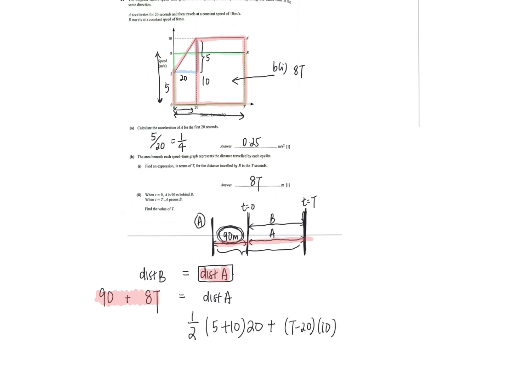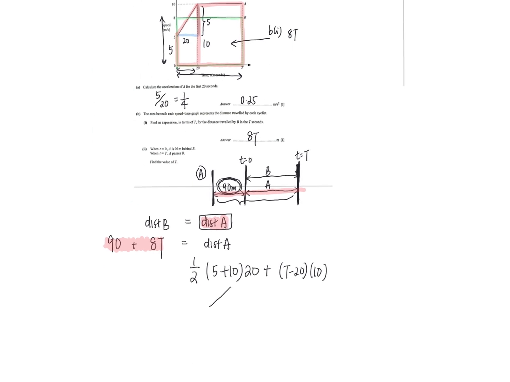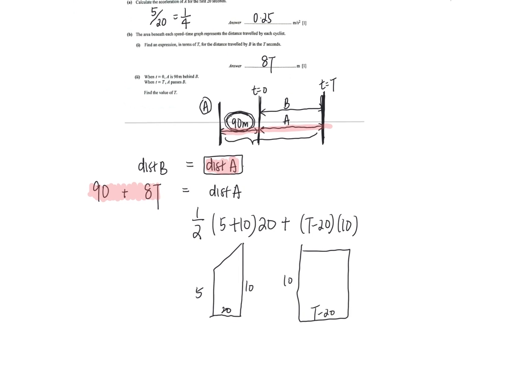This one is 20, this one is 5 and 10. The bottom here is t minus 20. The top part here is 10. So that's how you find the area. And it must be equal to 90 plus 8t.